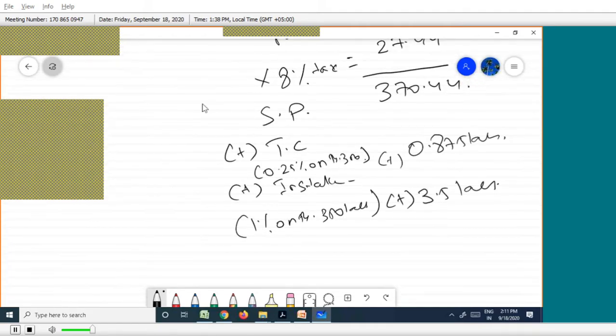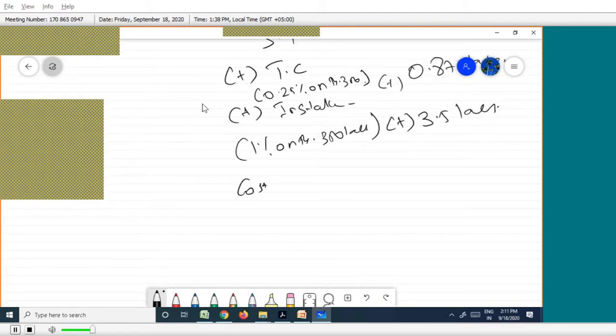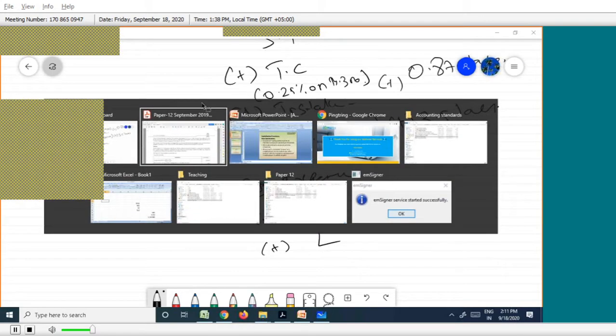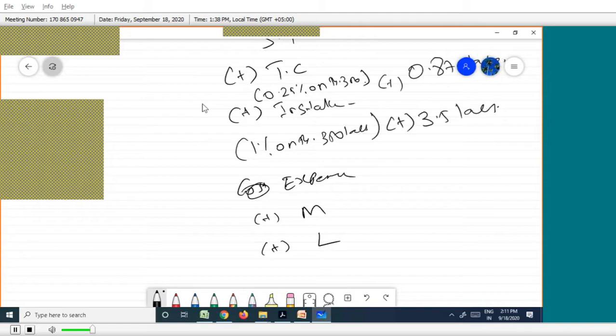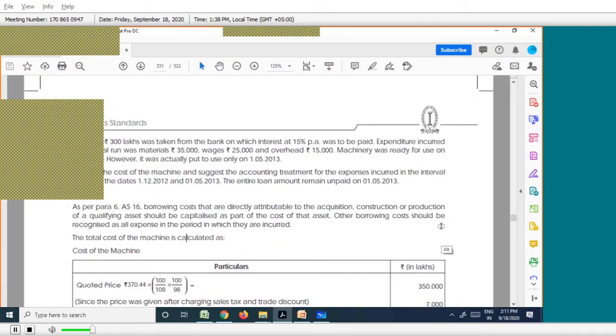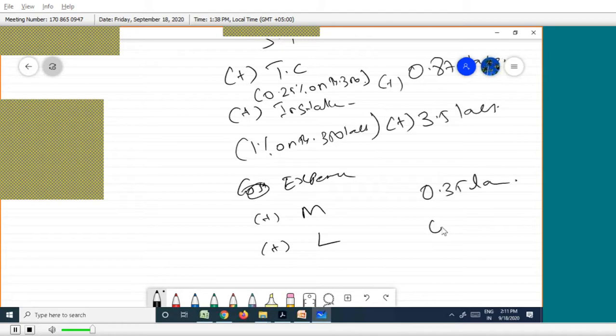So the cost of the asset. I am adding this expenditure. What are the expenditures? Material, 35,000, that is 0.35 lakhs. Wages is 25,000, so 0.25 lakhs.